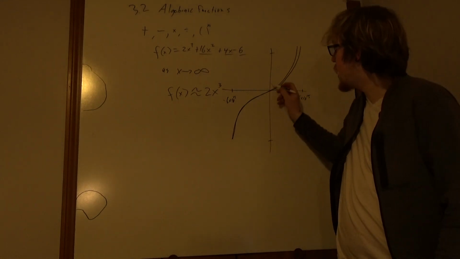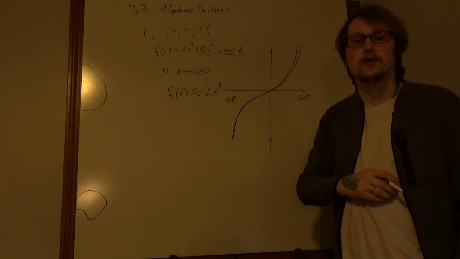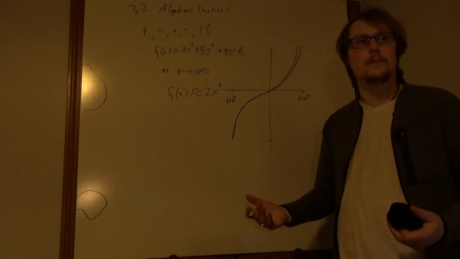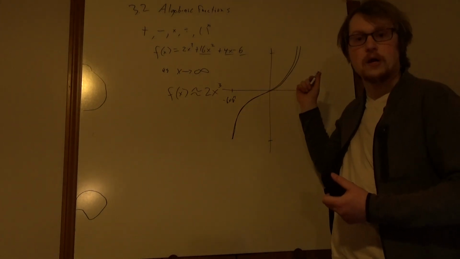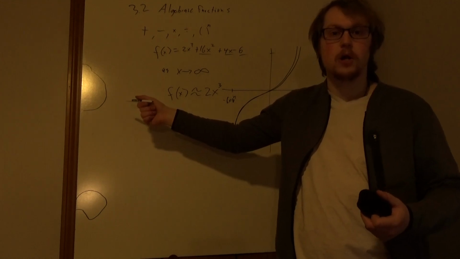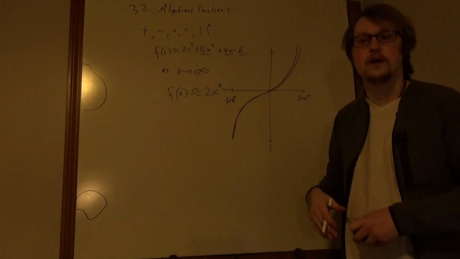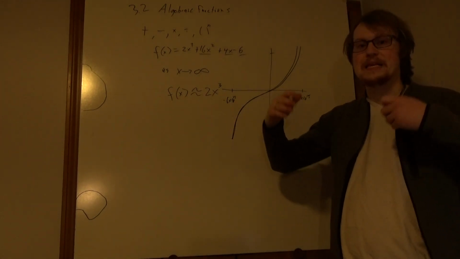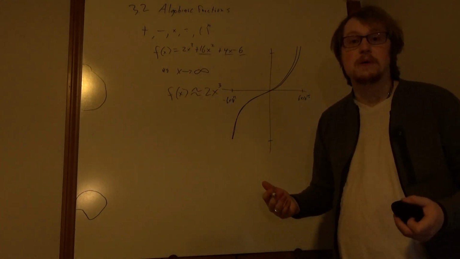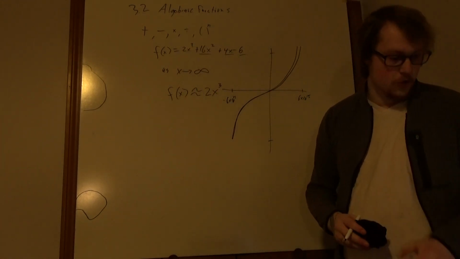So while that doesn't help you at the small scale, it does tell you what it does after all the big numbers and before all the small numbers. And we call that thing that's taking place at the end of everything else the end behavior, because mathematicians are very clever.